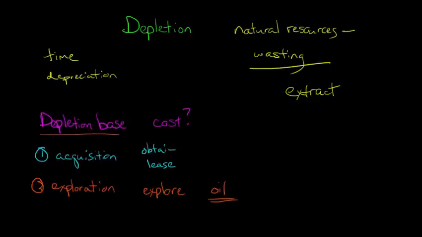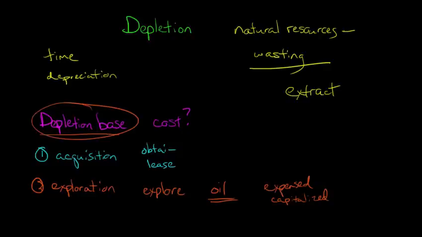So exploration costs, sometimes, for example, with oil, in some cases, it'll just be immediately expensed. So it could be expensed or it could be capitalized. It depends on the type of natural resource or what the firm chooses to do. So it could or could not be part of this depletion base that we're trying to figure out.